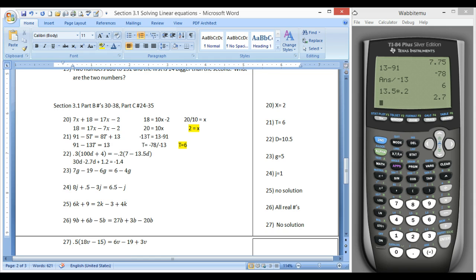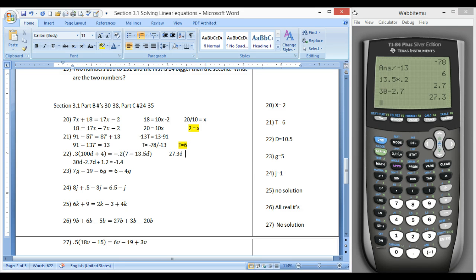To show my next step, we'll come up here to stay on number 22, and 30 minus 2.7 gives me 37.3d. I'm just going to verify, or 27, whoops. I'm just going to verify that really quick just to make sure I didn't make a mistake, like sometimes that happens on the board when I'm talking and writing at the same time.